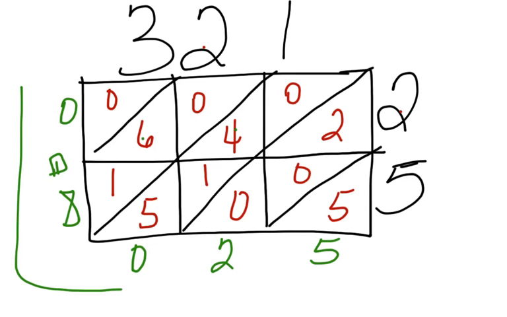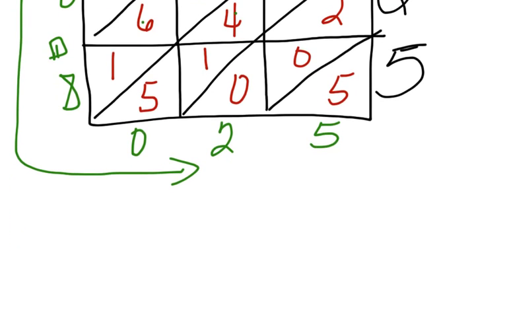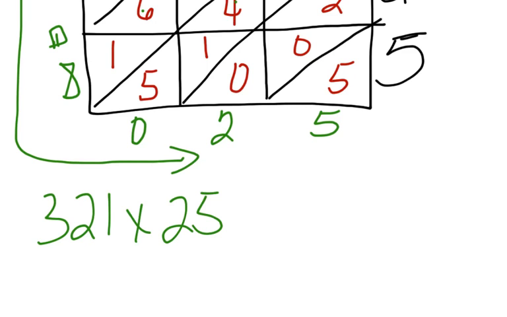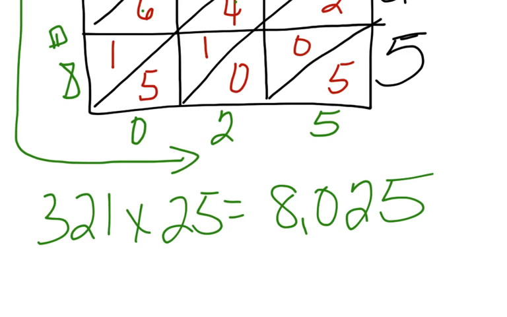Remember, you put your numbers together going this way. So we have 0 here, so it's 8,025. So 321 times 25 is 8,025.